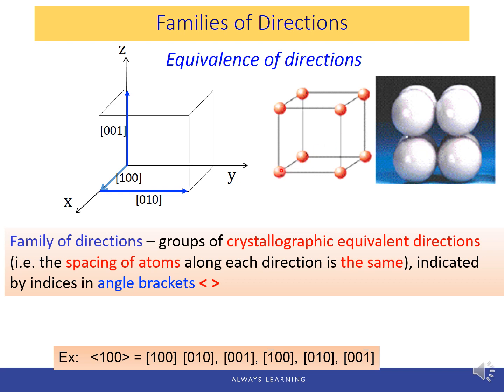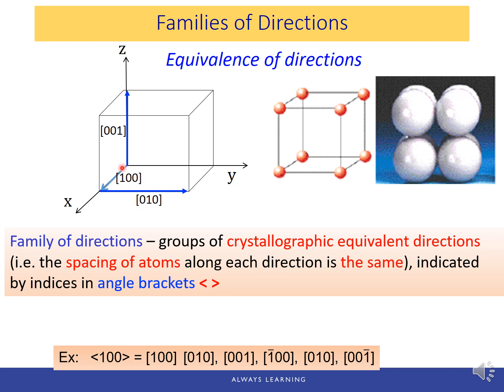Therefore, if you choose any edge of this simple cube, the spacing of the atoms is 0, and they are equivalent. So this edge, for example, based on this coordinate system, the Miller indices is 0, 1, 0, parallel to the y-axis. So along this edge, the interatomic spacing is 0 because the atoms are in touch.